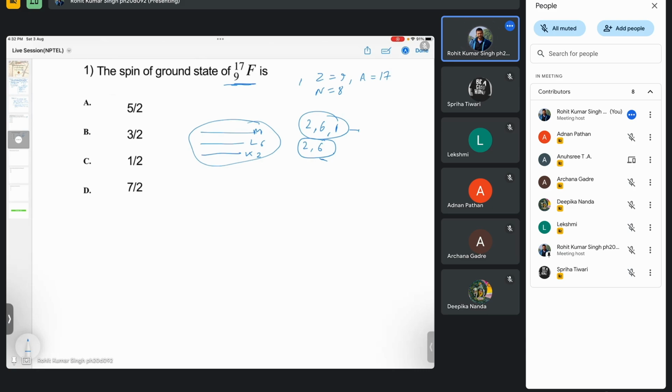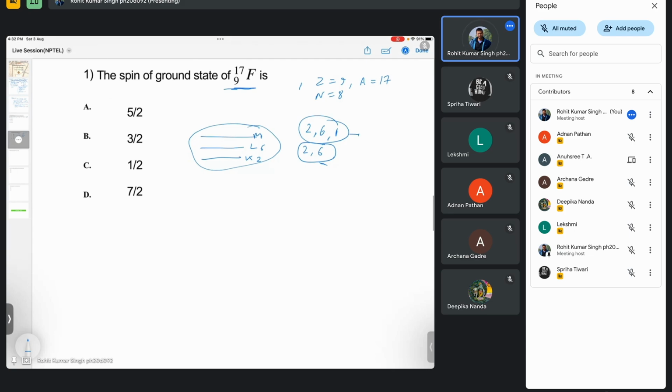And so the shell model incorporates both. There should be some potential which is required to bind the nucleons together.